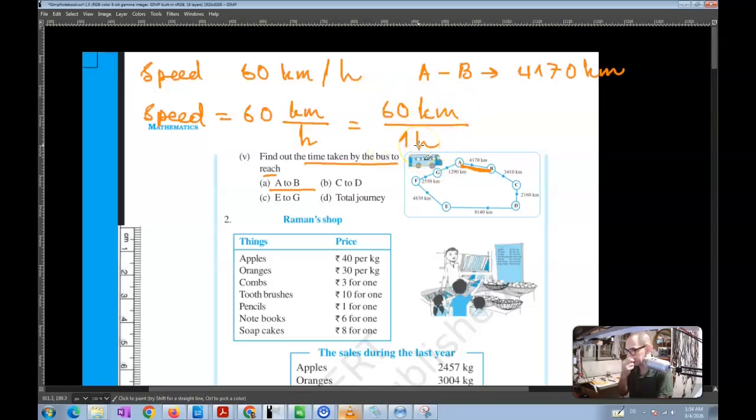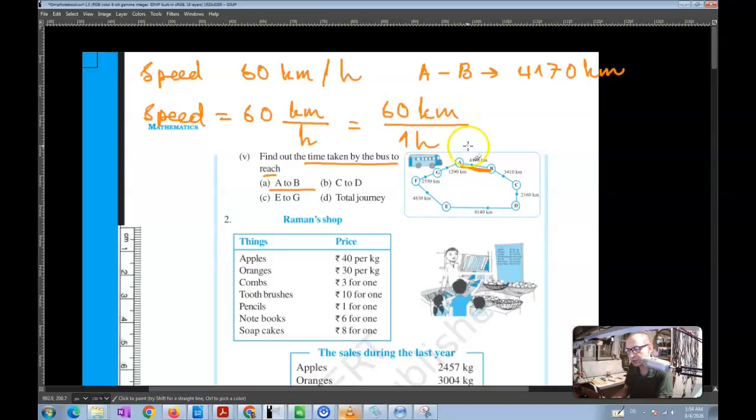Then in 2 hours the bus will cover a distance of 120 kilometers. Meaning 2 hours would be twice 1 hour, and twice 60 kilometers would be 2 times 60, which is 120 kilometers. Then in 3 hours, for example, the bus would cover a distance of 3 times 60, which is 180 kilometers, and so on and so on.